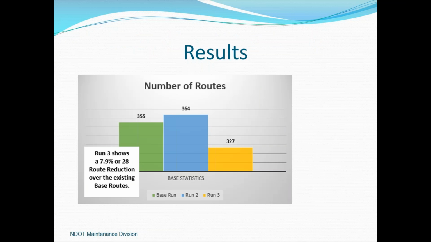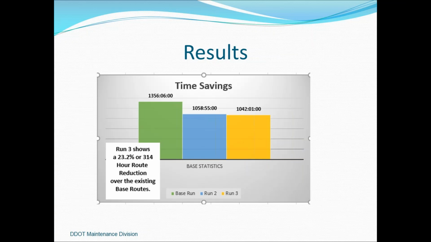And our final results of our project were run 3 showed 28 route reductions, or 7.9%. It showed 23.2%, or 314 hour route reduction.